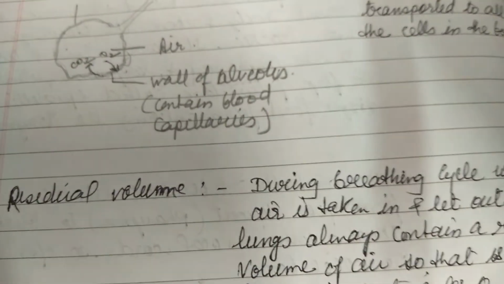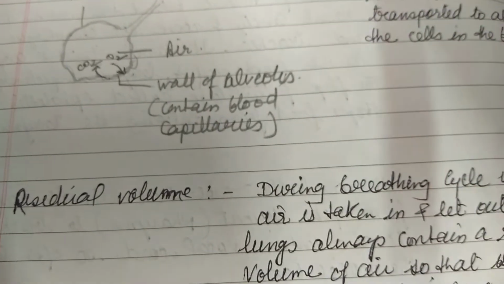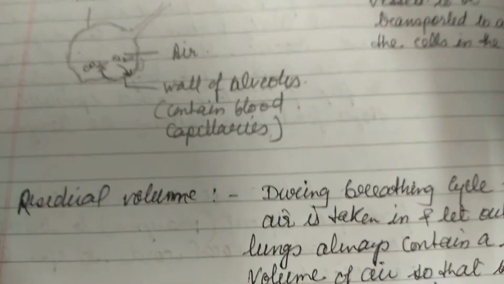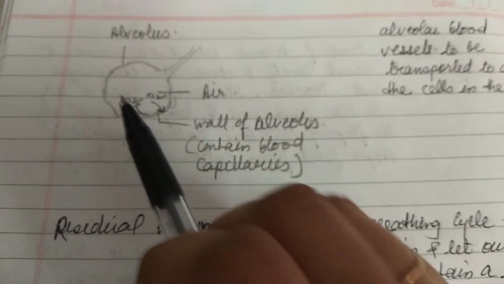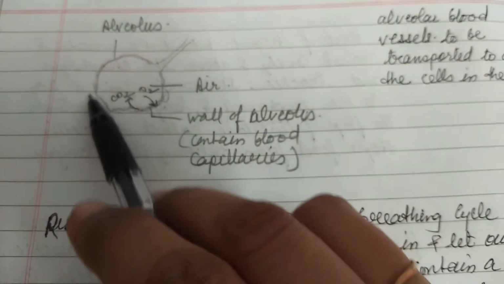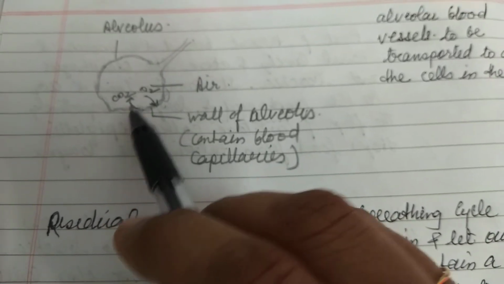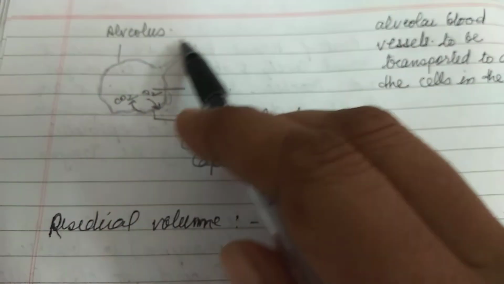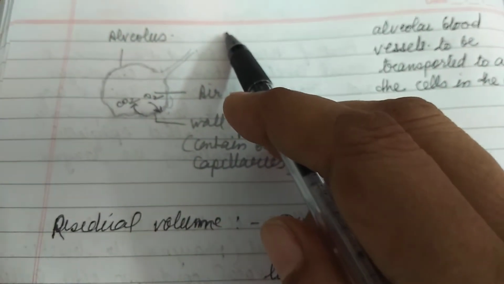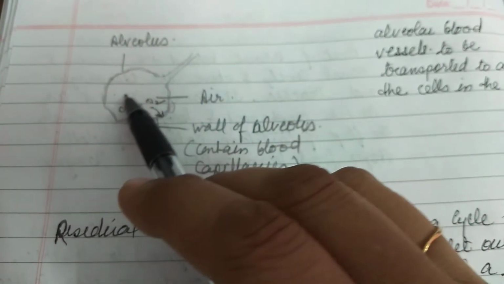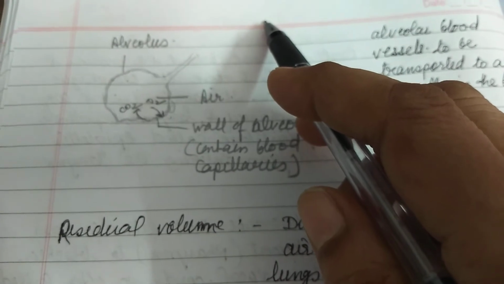There is always a residual volume, that is, always some air remains in these alveoli or in the lungs or in these alveolar sacs, so that exchange of gases can take place. It is not that once air comes in quickly, it moves out quickly, and the whole air moves out of the lungs.